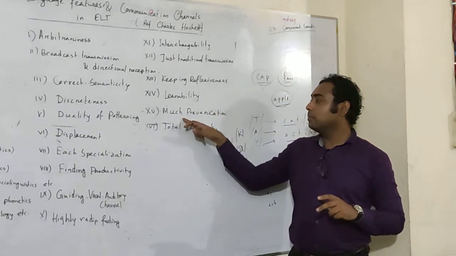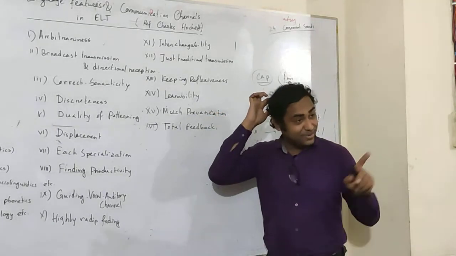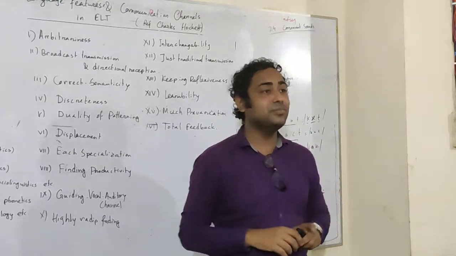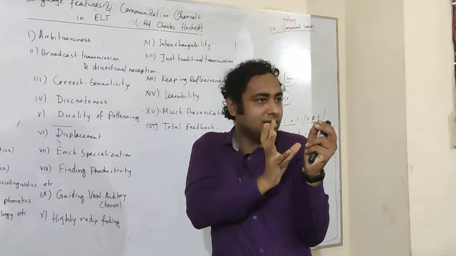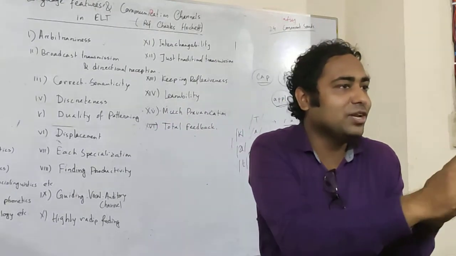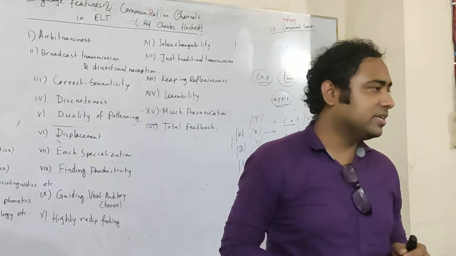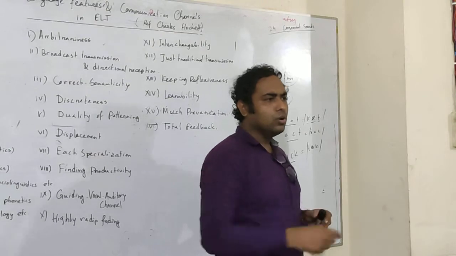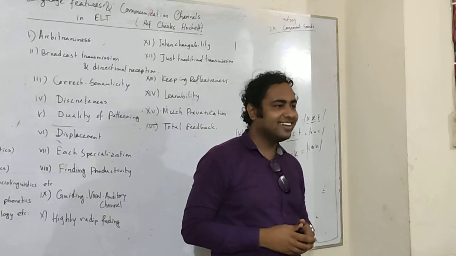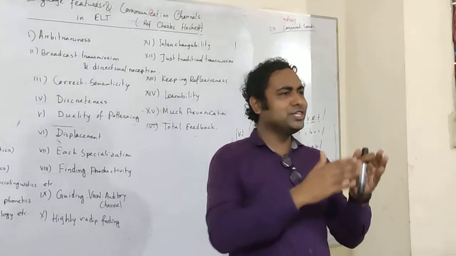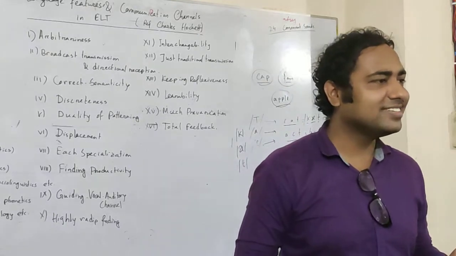Next one is prevarication. Very important feature. Prevarication means you can create a false statement and deliver it. It is only possible in human language. Creating false statements. Suppose you look like a lion today. Oh my goodness, you are so beautiful. You are just like a rose.